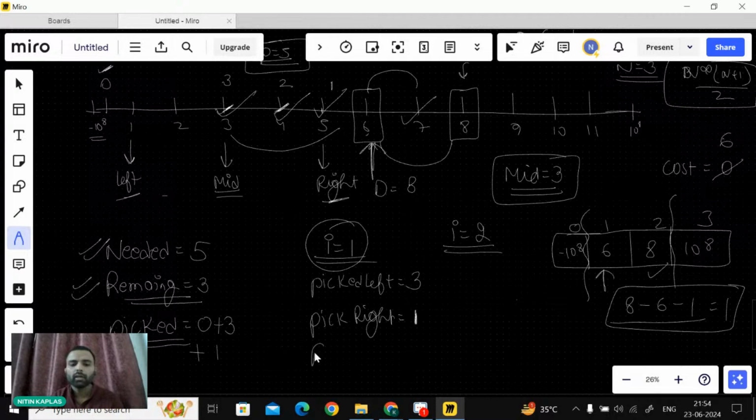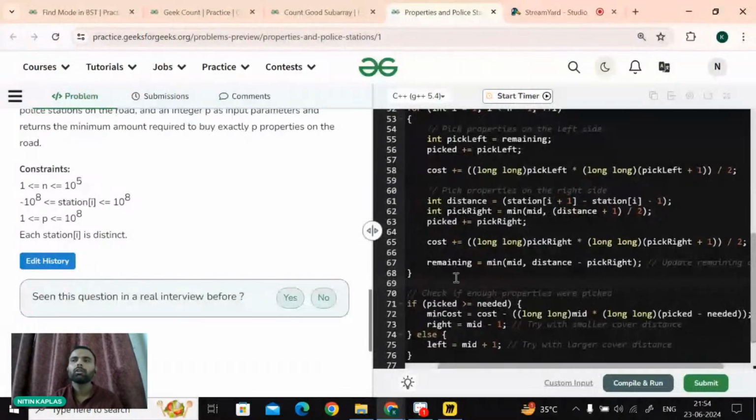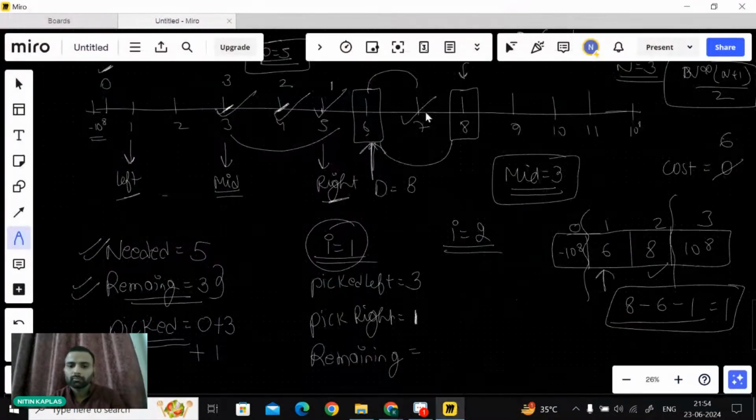Now what I'm doing here is I simply make a remaining, because, to remind you, in the initial part remaining will tell you what your range is. Range is your mid, how many plots are left, and the distance minus what right pick already bought. Right pick by 1 means this.